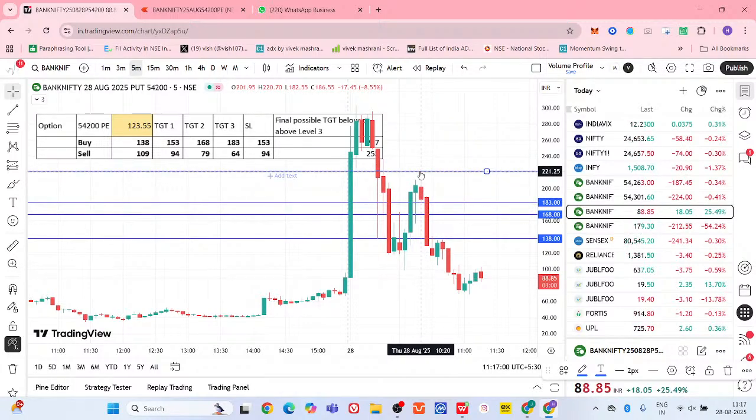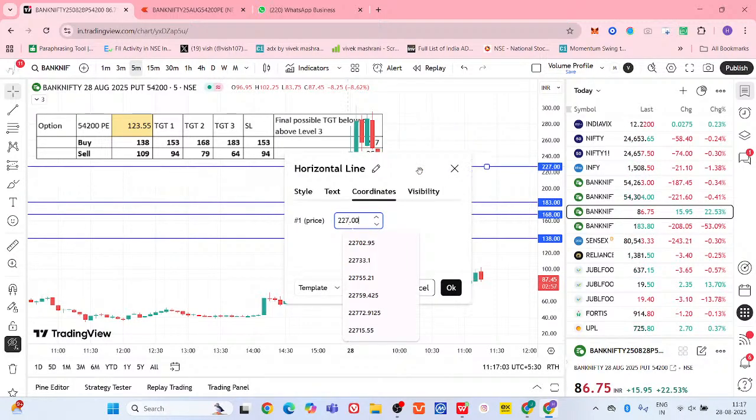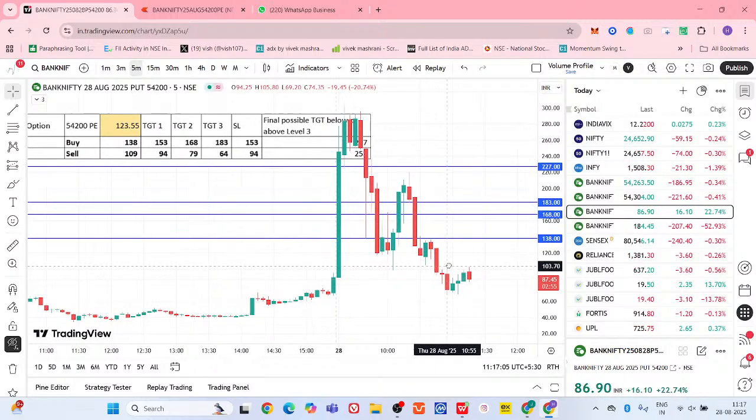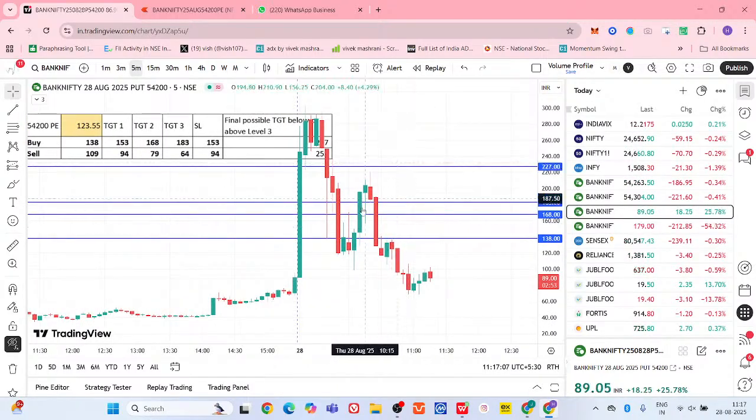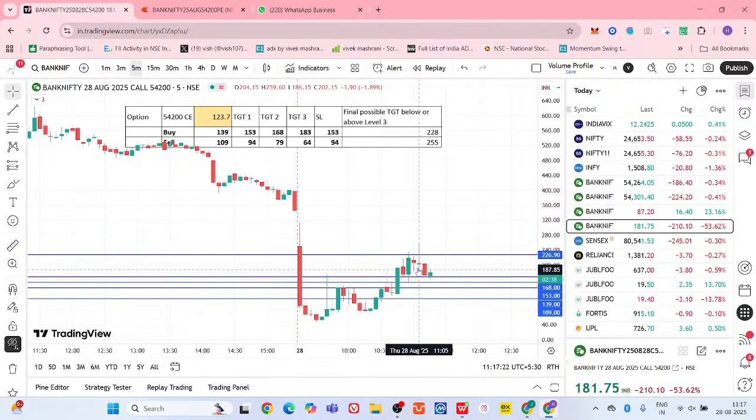Final target 227, it almost came. So today you can see what happened after 10 o'clock. At 10:05 it triggered. First target, second, final also almost hit. Put side and call side.